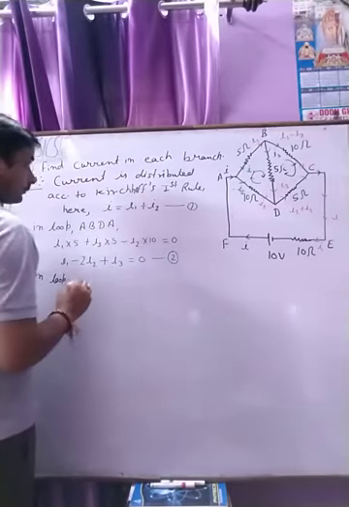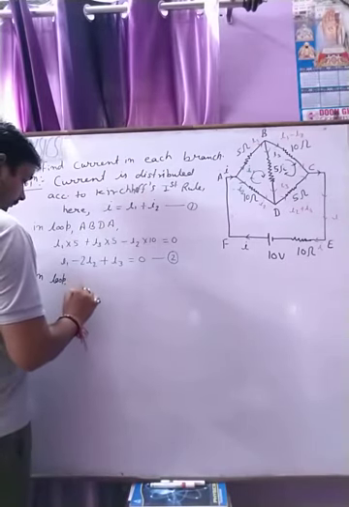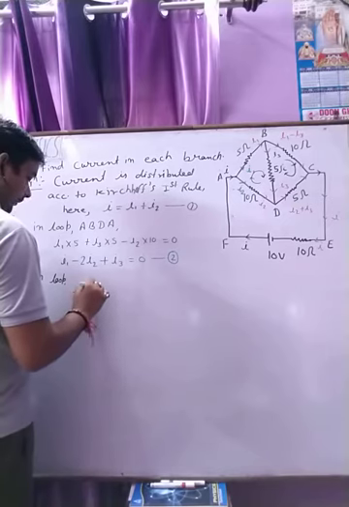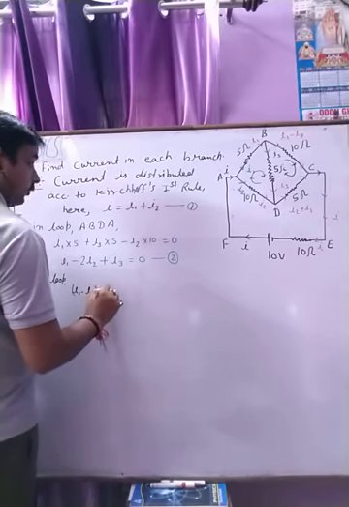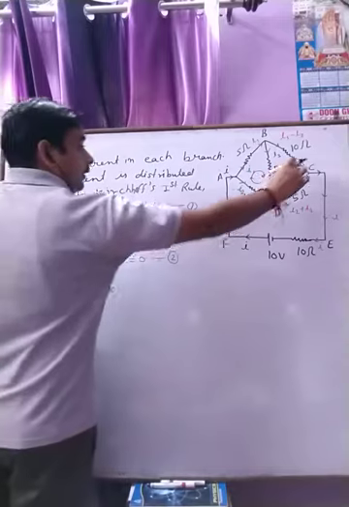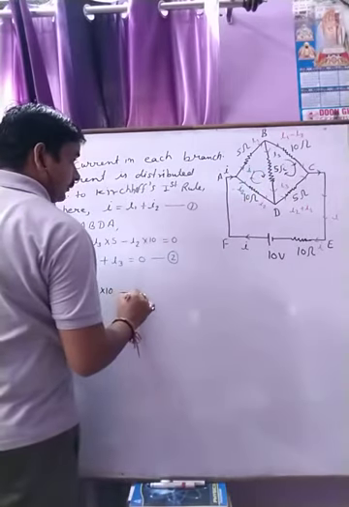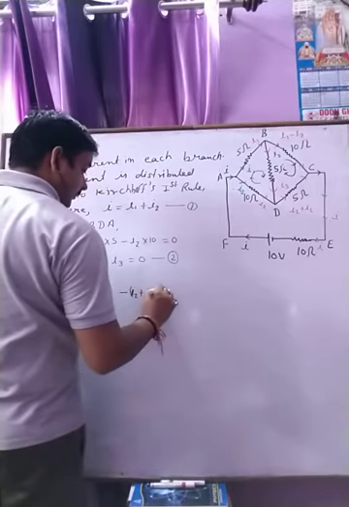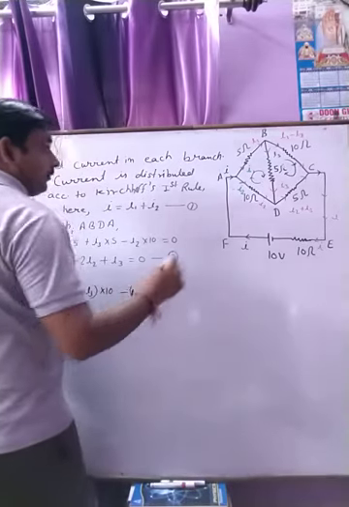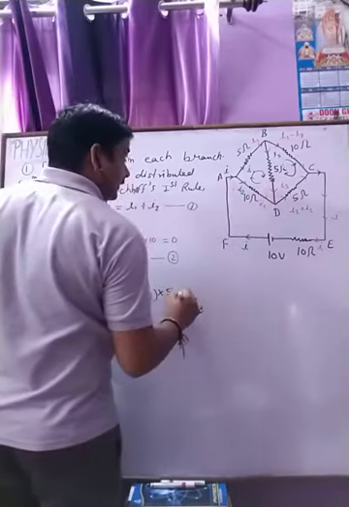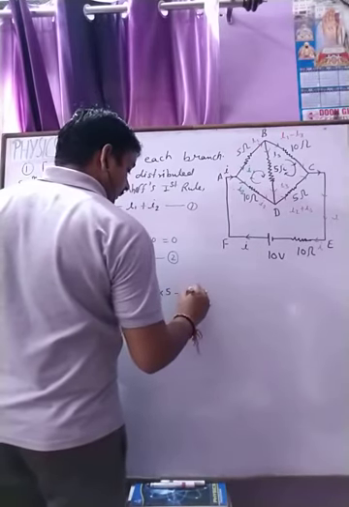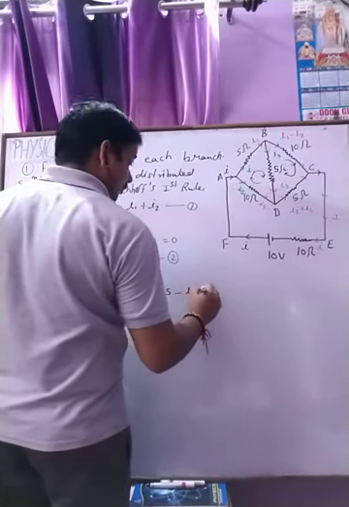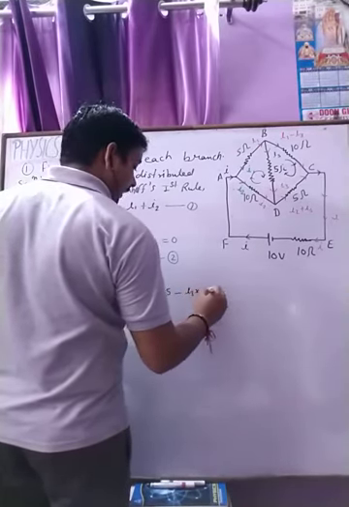So I1 minus I3 into 10, in opposite direction I2 plus I3 into 5, and again in opposite direction I3 into 5, and we reached at B, so 0.